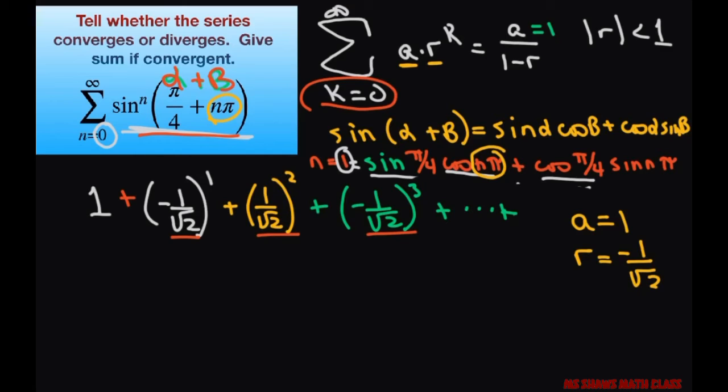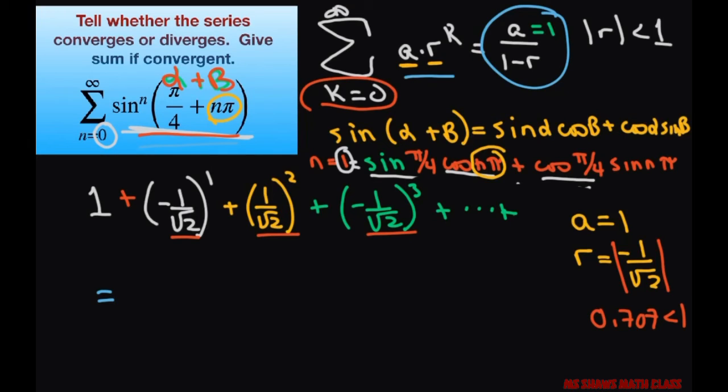Since we have that, also the absolute value of r is 0.707, which is less than 1. So now we're set to go, and we can use our formula given here. It's already set up the way we want it.